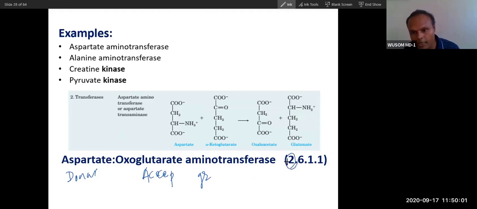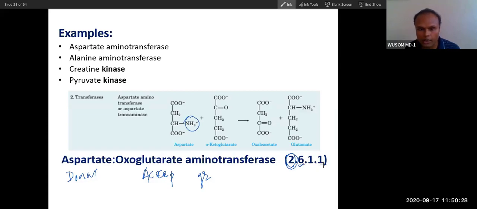This 2 represents the class to which this enzyme belongs: 2 for transferase. Then 6 represents the type of group being transferred. Here an amino group is being transferred, so the amino group is given 6. And then this group is specified more specifically by the next number.